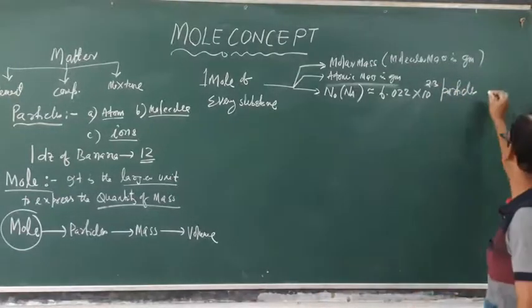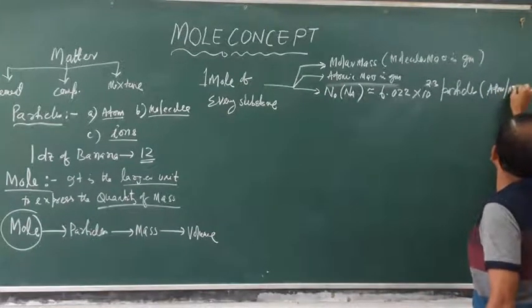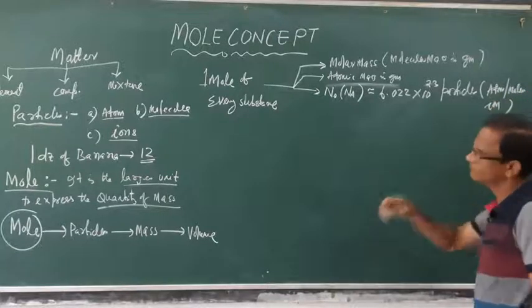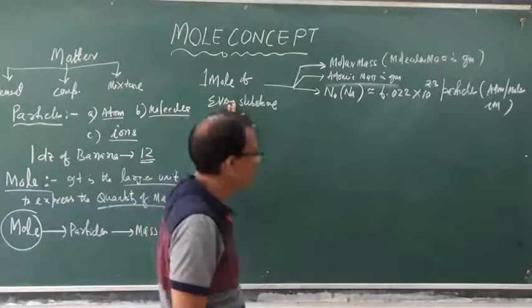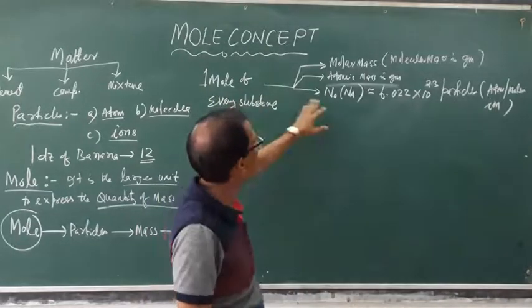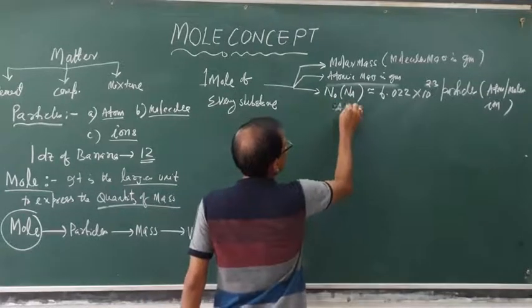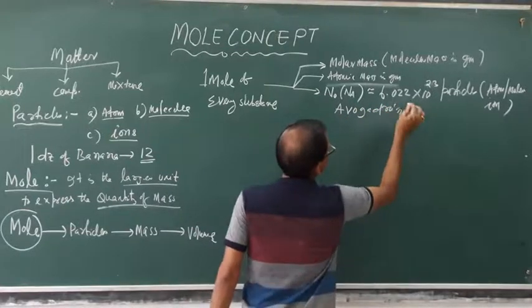Particles may be atoms, molecules, or ions. 1 mole of every substance is equal to N0, and this number is called Avogadro's number.